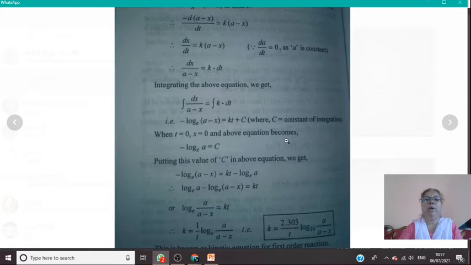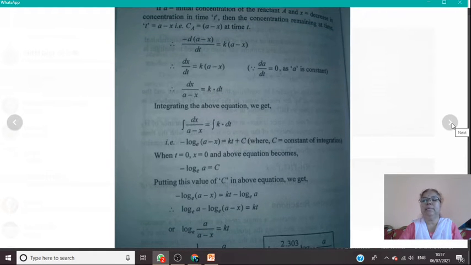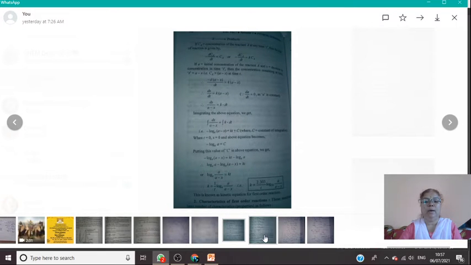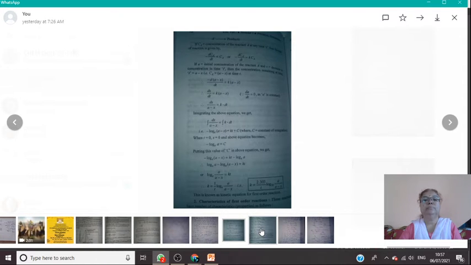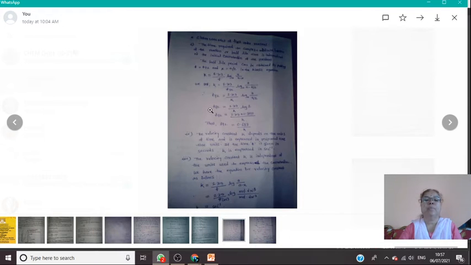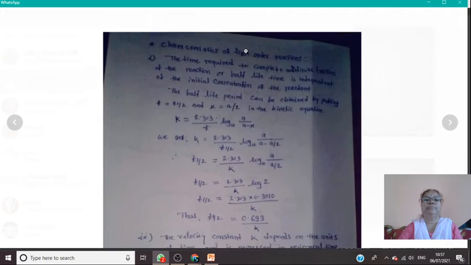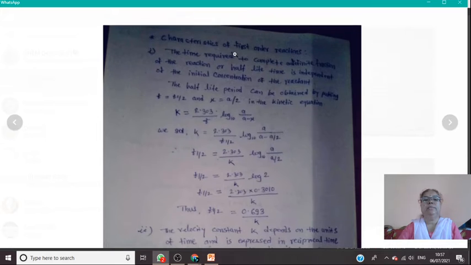Let us see one by one the characteristics of first order reaction.